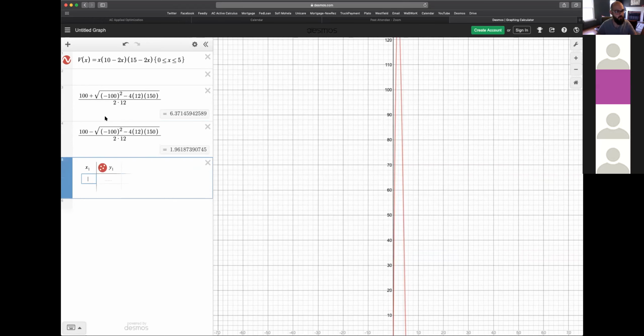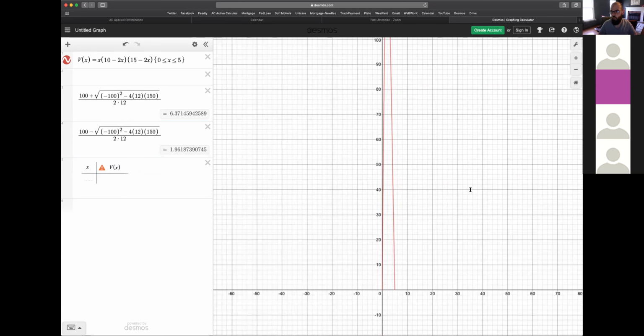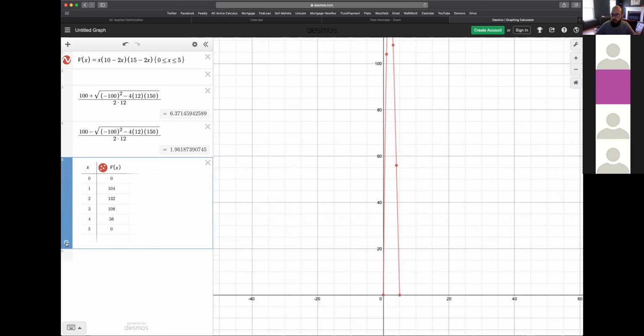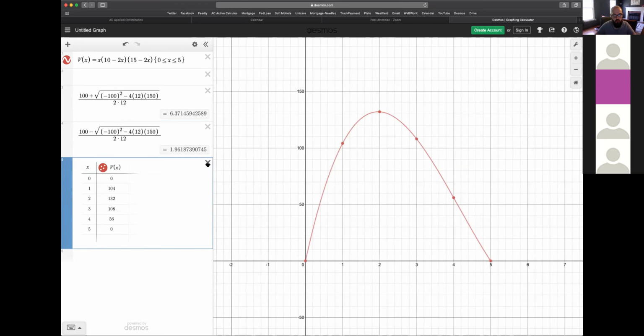I want to show you a quick trick here with Desmos. Notice that this window is pretty bad. If we type some values into our table like this, there's a zoom fit button, and we can do a quick trick that gives us a nicer window.